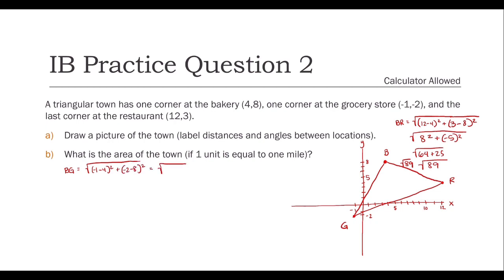So that's the square root of -5 squared plus -10 squared. So that'll be the square root of 25 plus 100, which is the square root of 125. 125 is 25 times 5, so you can pull out a 5 and leave in the root 5. So that's BG, which is 5 root 5.